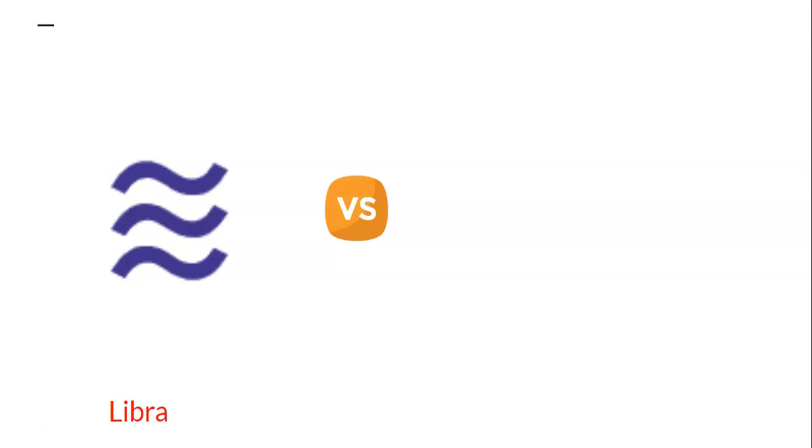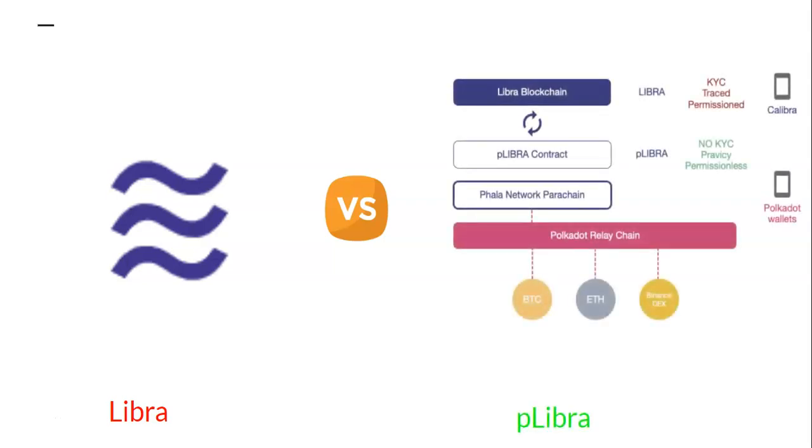Definitely it's going to gain traction. Why? Because of the project behind it, Facebook. But how do we implement a blockchain or decentralized version of Libra in a private way? That is where the Phala Libra project comes in. Phala Network is actually working on this, and there are more details on that.